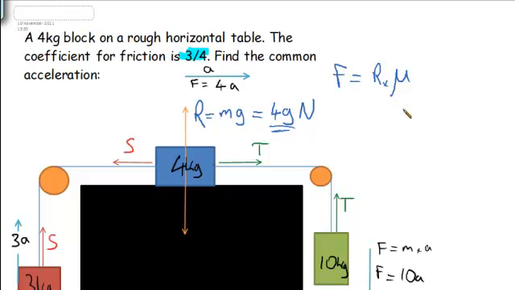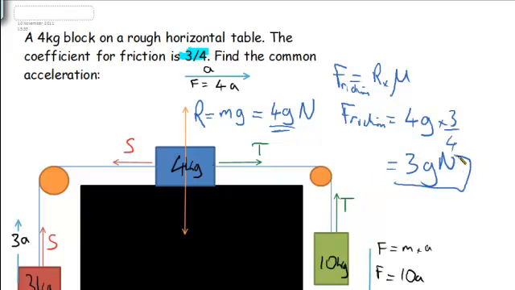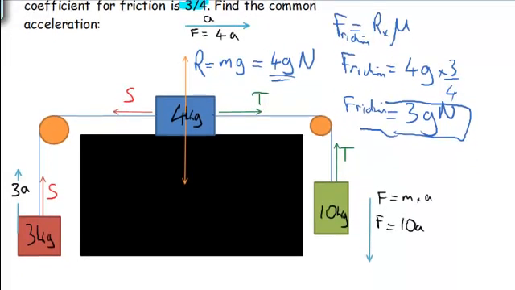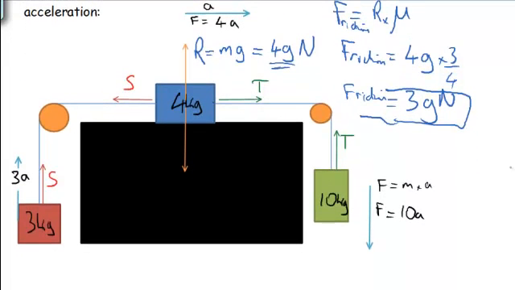So the frictional force this will experience, I'll just put friction there. Friction is going to be 4g times 3/4, which is equal to 3g newtons. That's going to be our friction. Now these questions look a little bit messy, but they're not too bad.